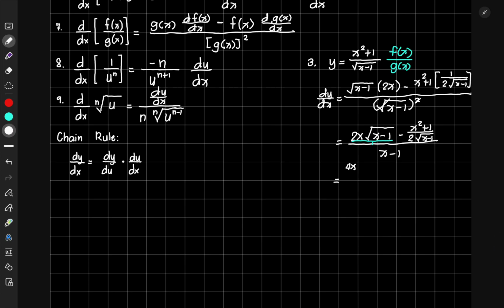So, the square root and the raised to 2 cancel out. So, what remains would be x minus 1. So, minus, because this is minus, the numerator there, x squared plus 1. So this is over 2 square root of x minus 1. And this is all over x minus 1.